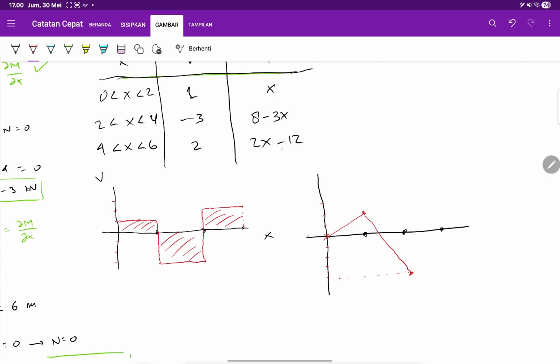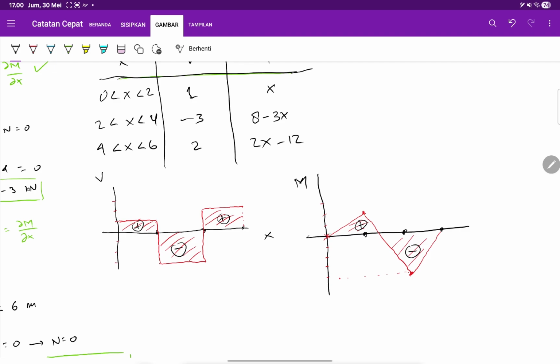And at 4, 2 times 4 is 8, minus 4, they are good. And at x equals 6, 2 times 6 is 12, minus 12, they become 0. This is the internal moment diagram where they are positive here and negative here: positive, negative, positive.